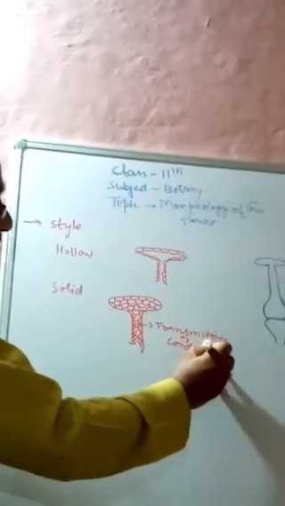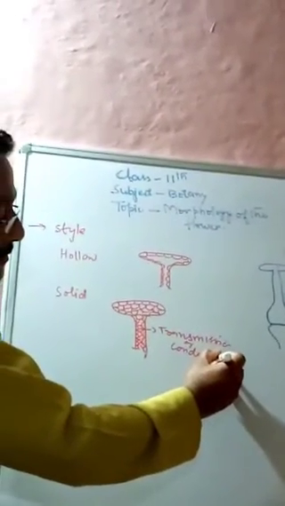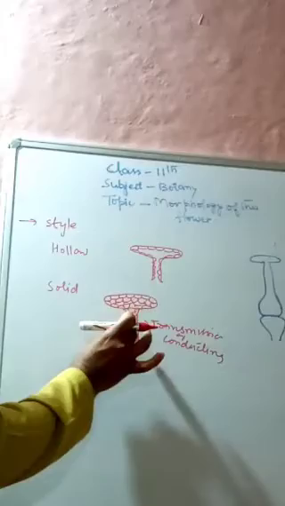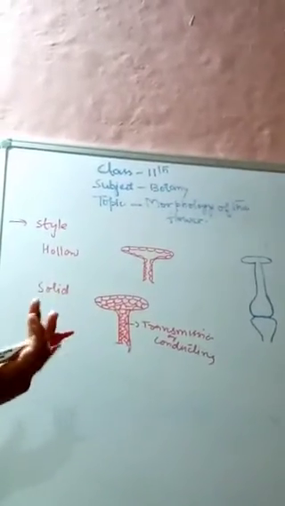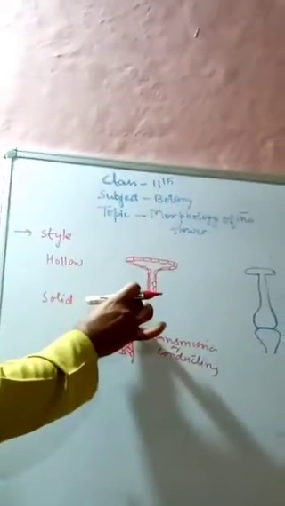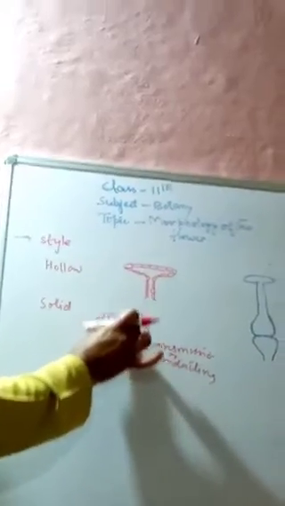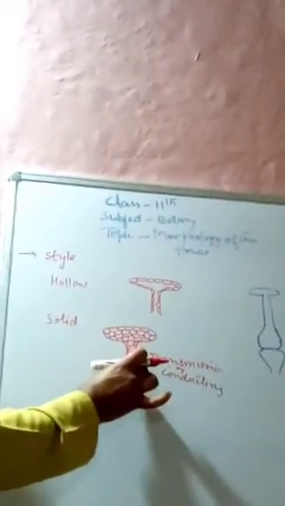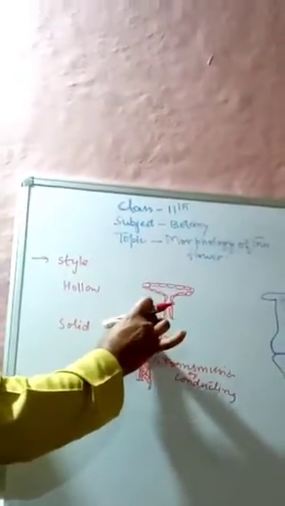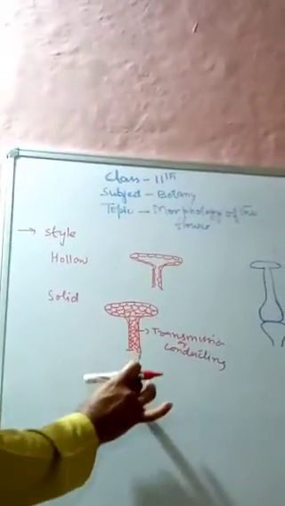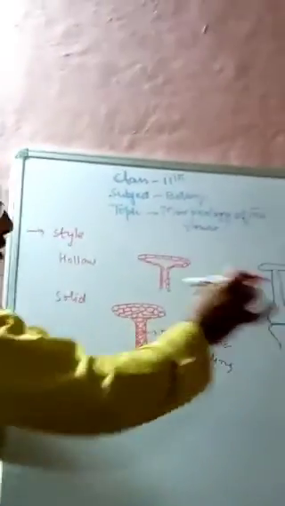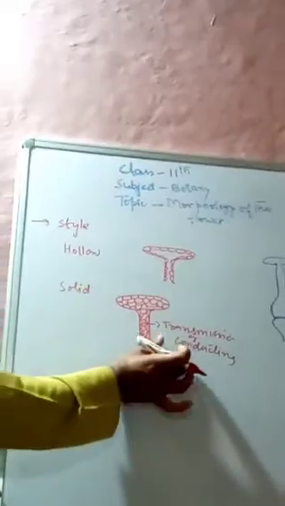These cells release some mucilage, so that the pollen tube may penetrate through these cells and make its way up to the ovary.